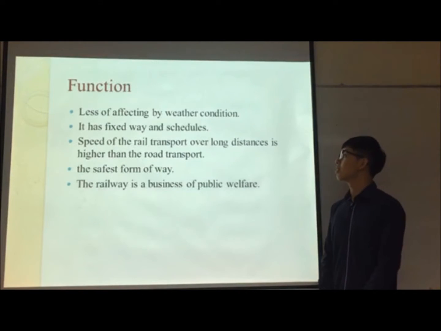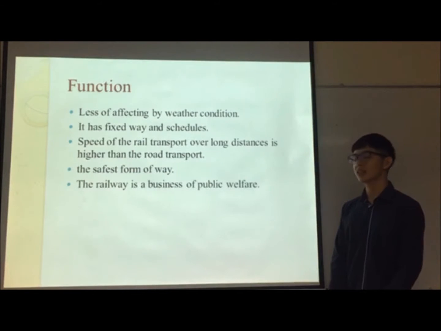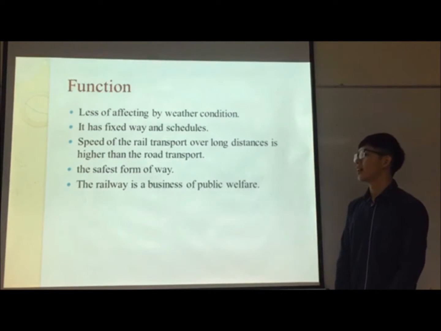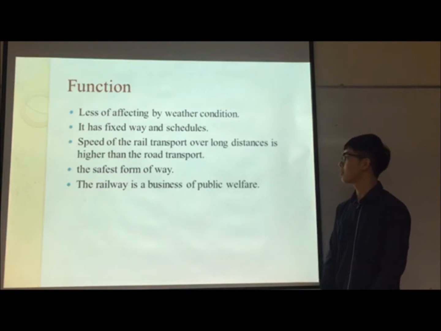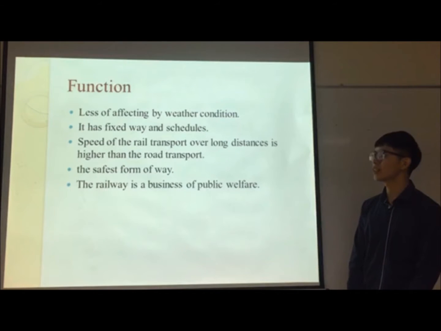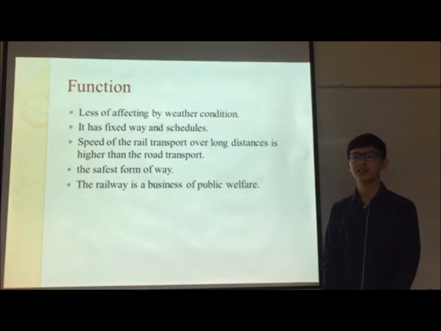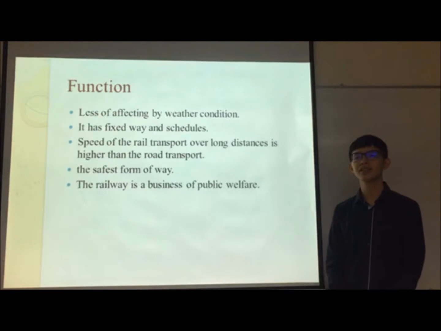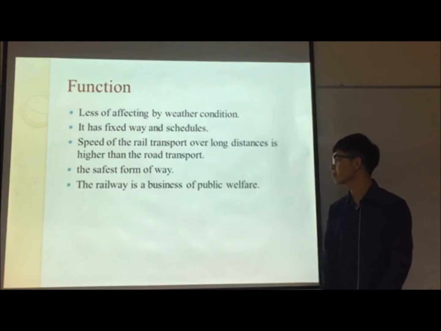The function of the railway is less affected by weather conditions such as rain and fog, compared to road transport. It also has a fixed way and schedule, because the service of railway transport is more certain and regular on the schedule.